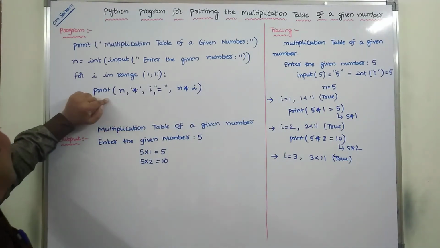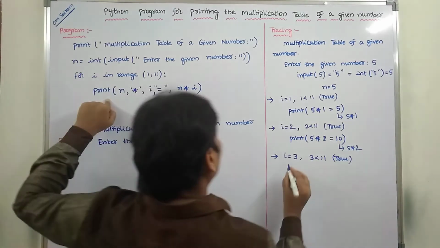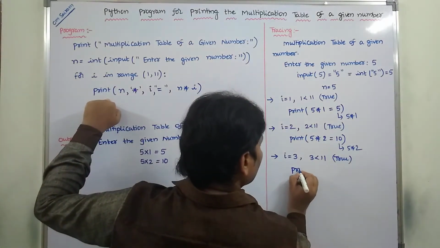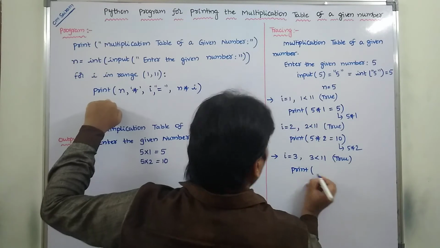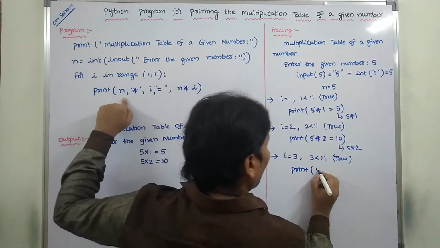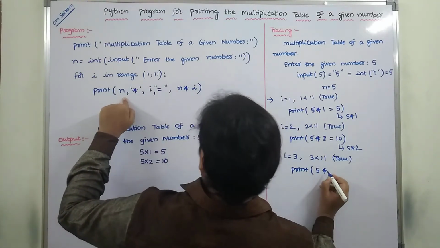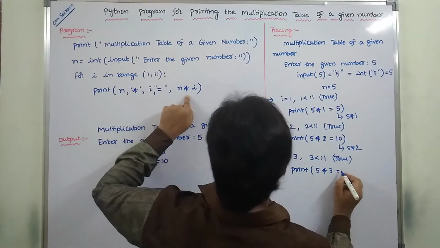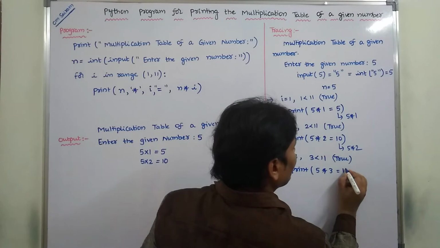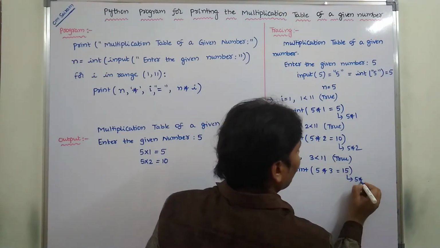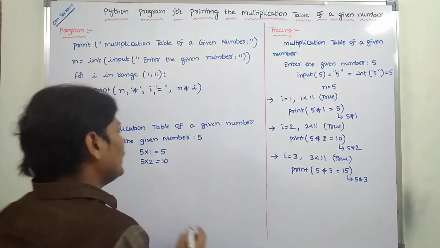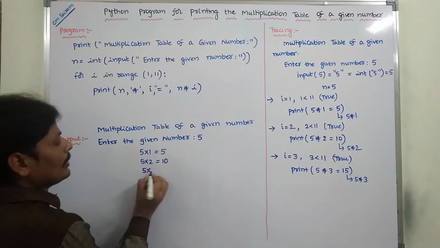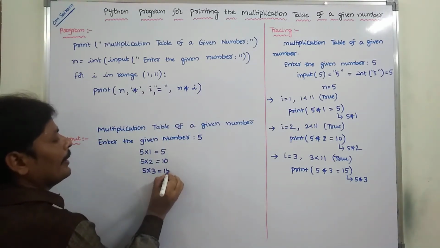Then control goes to the statement within the body of the for loop. So print n value 5 into I value 3, that is 5 into 3, which is 15. So printing 5 into 3 is equal to 15.